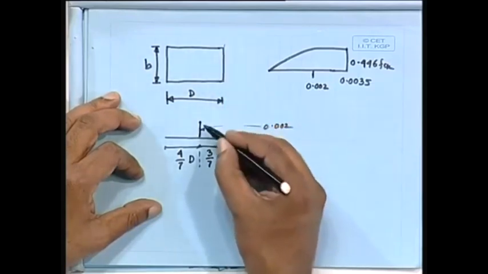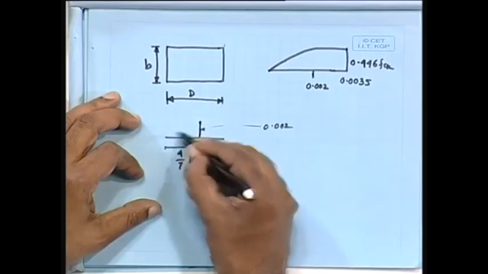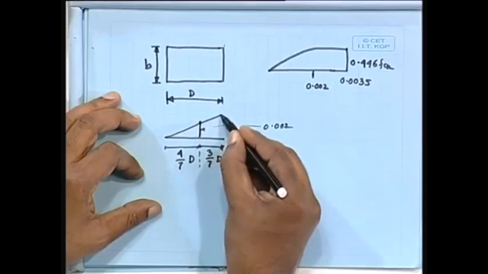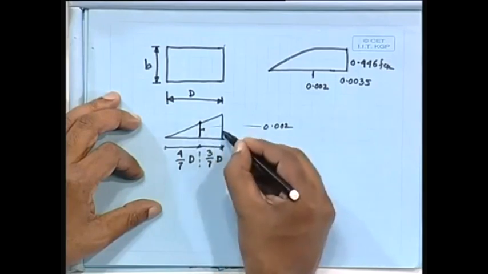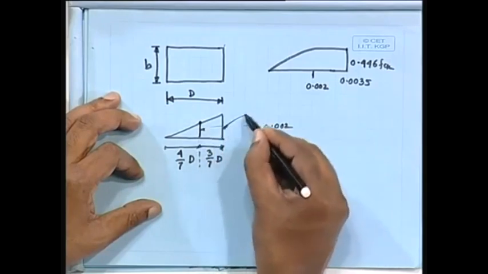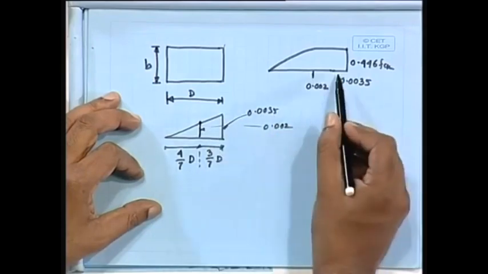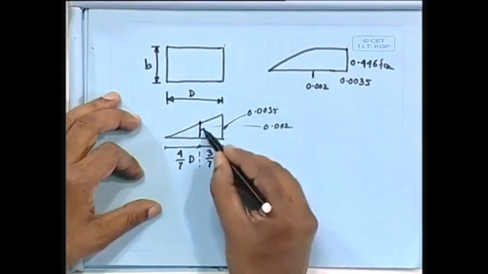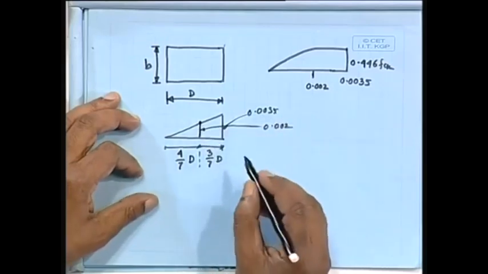So what we shall do, we shall start, it may happen something like this. If this is 0.002, then this one 0.0035, please note this point, because this is as per the code, it is satisfied, and this one 0.002, 0.0035.